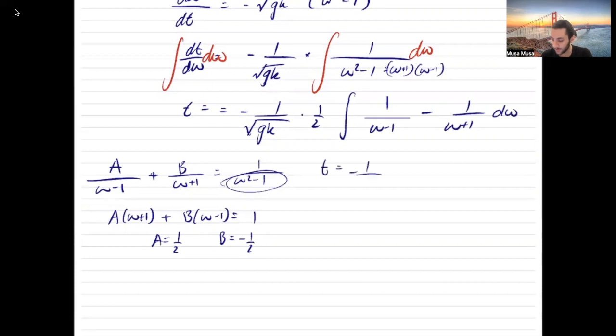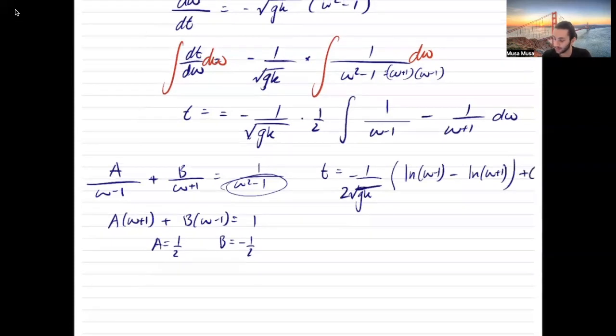T equals minus 1 over the square root of gk, times a half, and then times ln of w minus 1 minus ln of w plus 1, and then plus c.